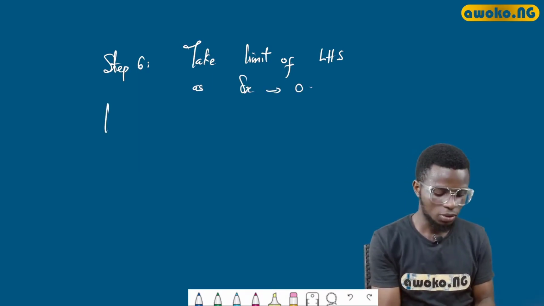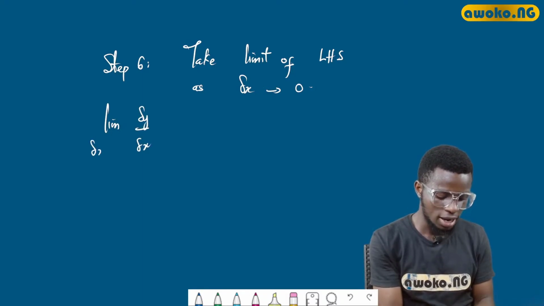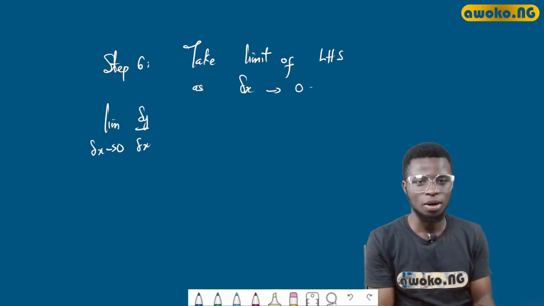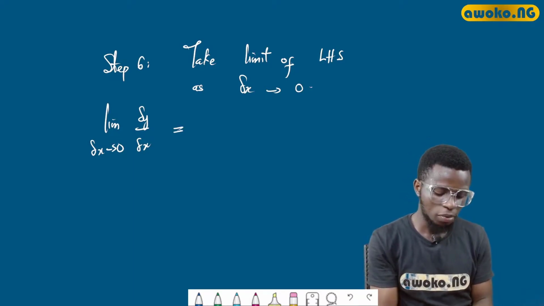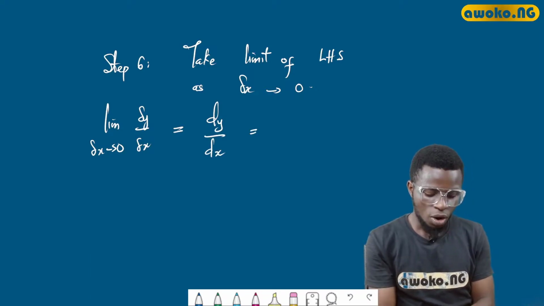If we do that, we have lim dy over dx as dx tends to 0. Remember, I said in our previous class that as soon as you take the limit of the left hand side, it becomes the full differential or the complete differential, which will be at a point where dx will tend to 0.